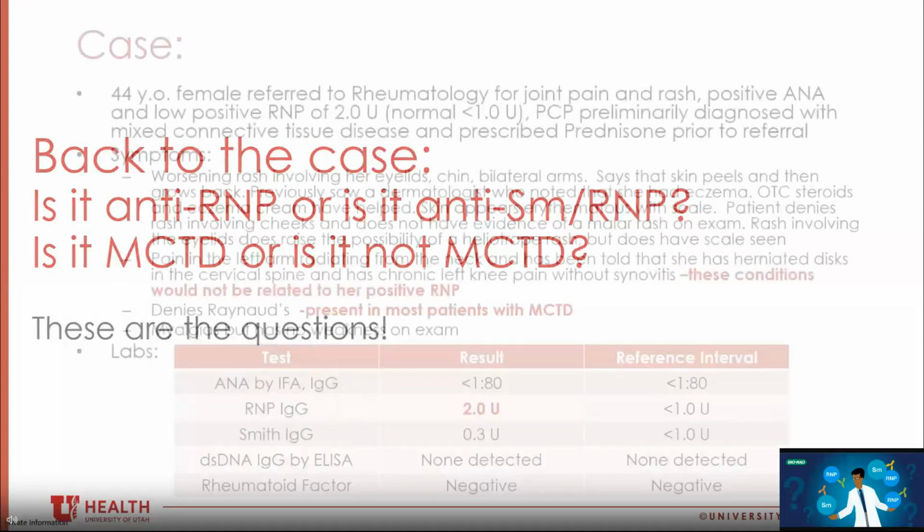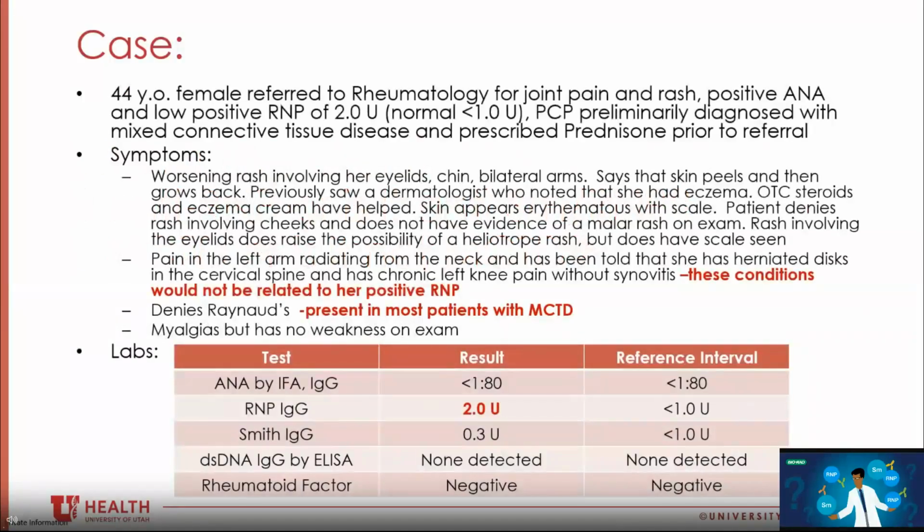For the 44-year-old woman with joint pain and a rash, although suspicious for connective tissue disease based on the location of the rash on the eyelids, given the presence of scale and the description of peeling skin, as well as the absence of Raynaud syndrome, which is present in most patients with mixed connective tissue disease, the rheumatologist ordered repeat testing for RNP antibodies.